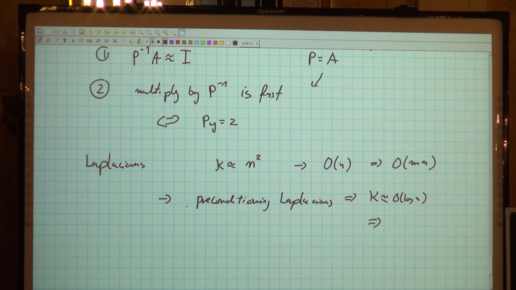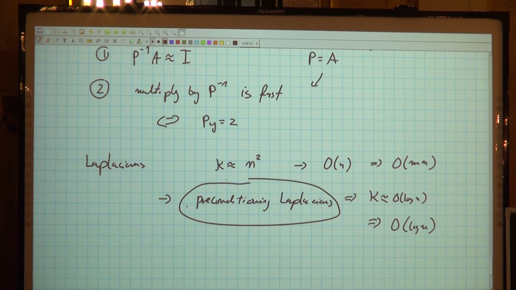And then you indeed have a logarithmic number of iterations, so you actually get nearly linear running time. This is a beautiful theory, how to get these preconditioned Laplacians. The simplest one is essentially to use the Laplacian of a different, simpler graph, for instance something called a low-stretch spanning tree. So a special type of spanning tree will already work.